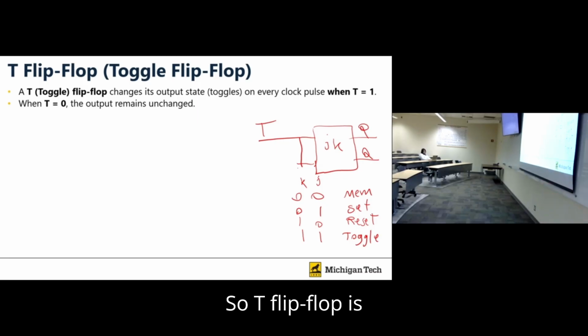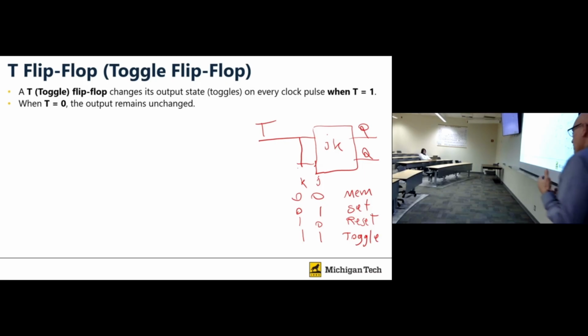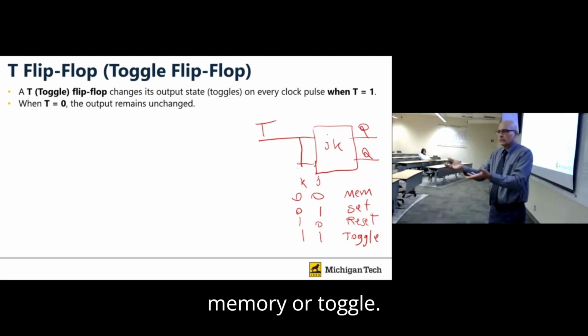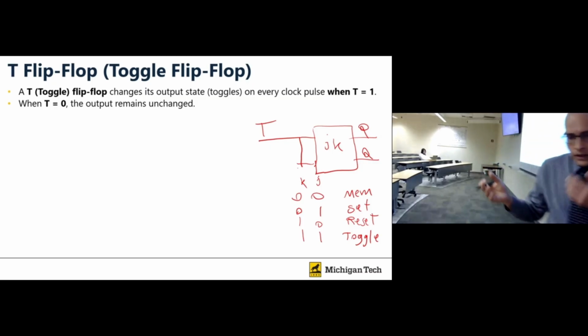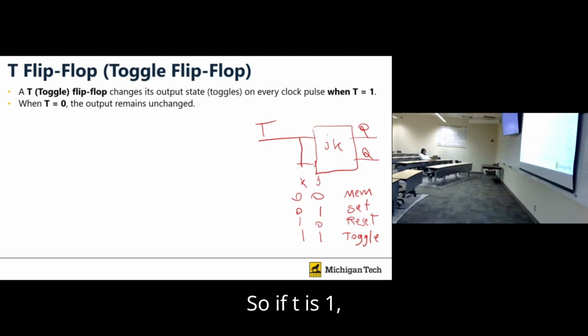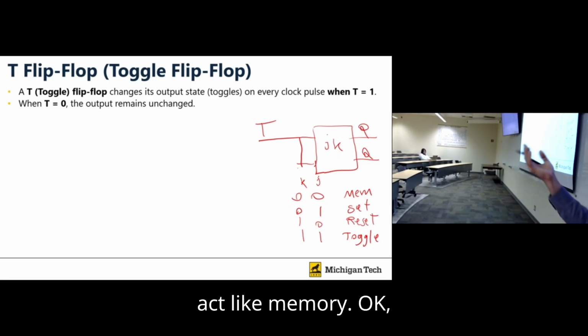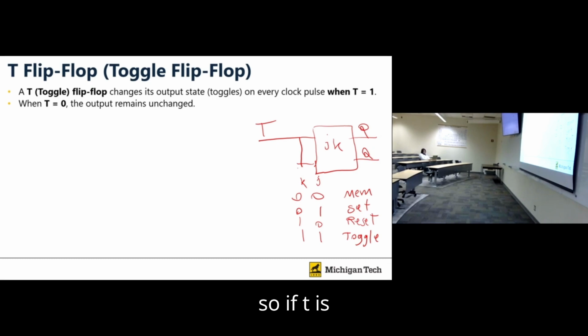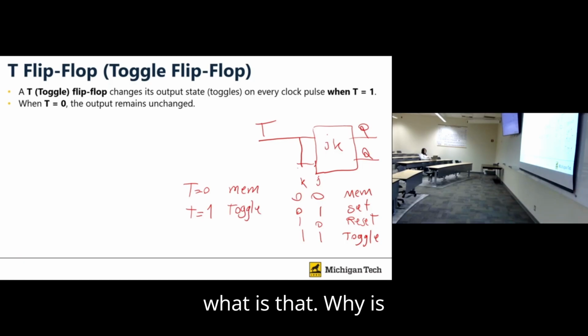So the T flip-flop is memory or toggle. If T is 1, it's toggle, and if T is 0, it acts like memory.